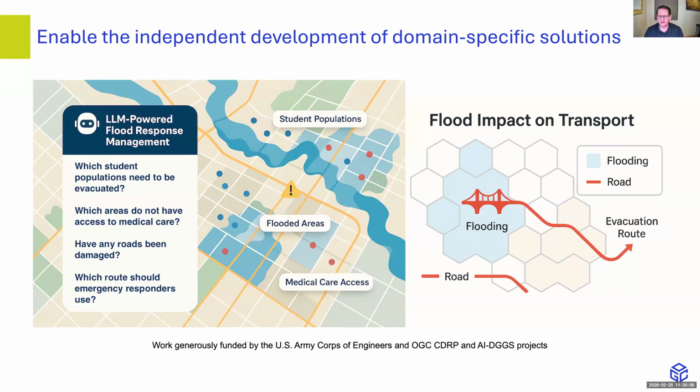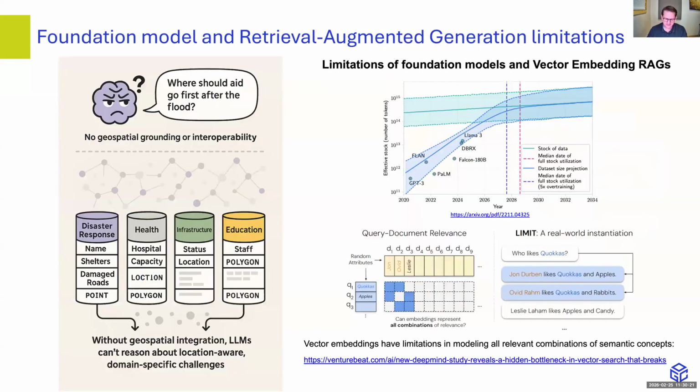So how do we, despite a rapidly changing picture, create this type of user experience to support decision makers? And if we can solve it for this problem, where it's very time sensitive, we basically can solve it for any number of domains.